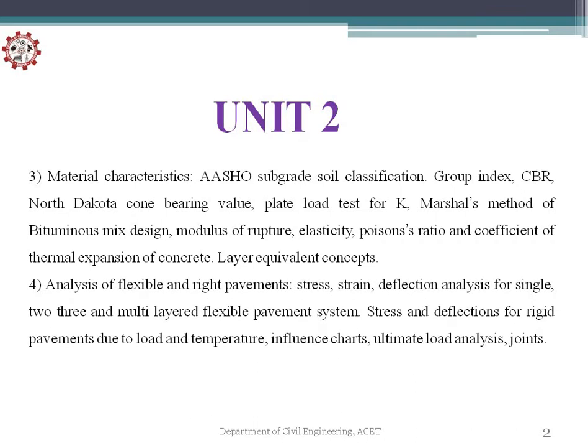Next is analysis of flexible and rigid pavements: stress, strain, deflection analysis for single, 2, 3 and multi-layered flexible pavement systems, stress and deflections for rigid pavements due to load and temperature, influence charts, ultimate load analysis, joints.